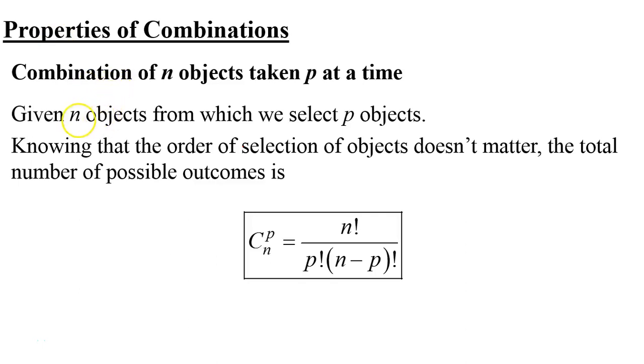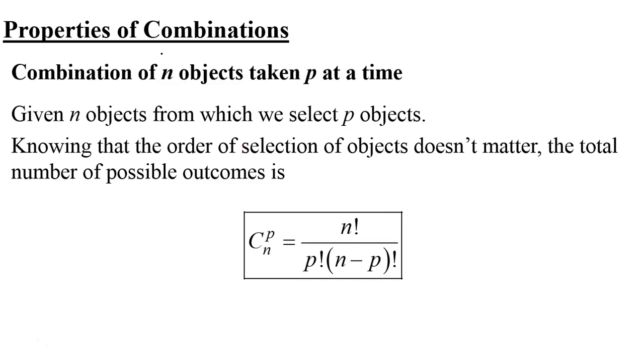Okay, so in this lesson, we're going to go through some properties of combinations. Now, I remind you that whenever you're selecting objects without order out of a total number of objects, this is where we use combinations.